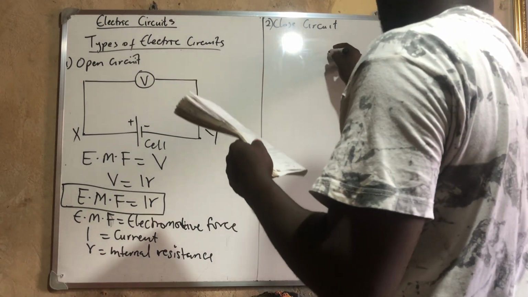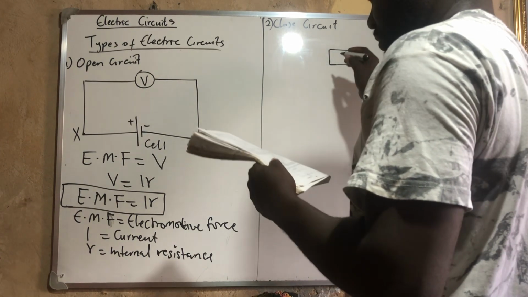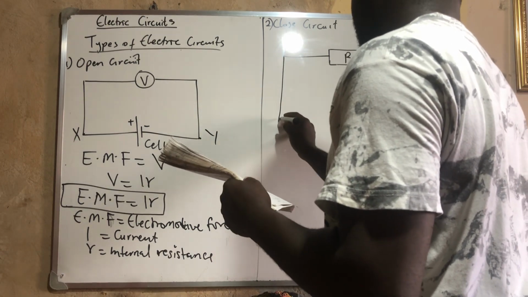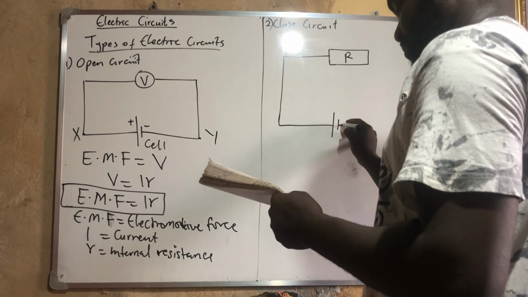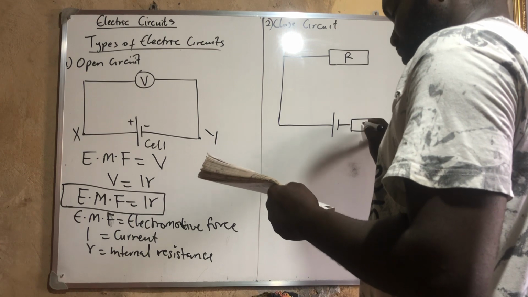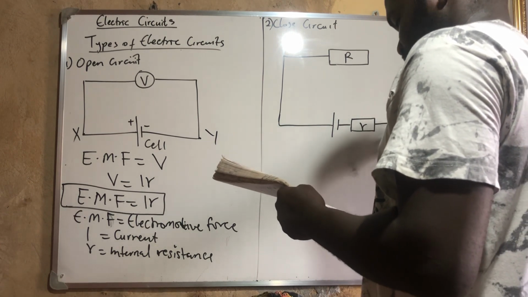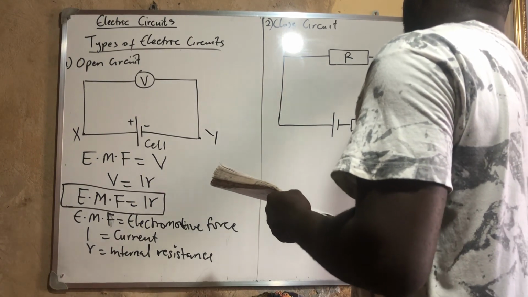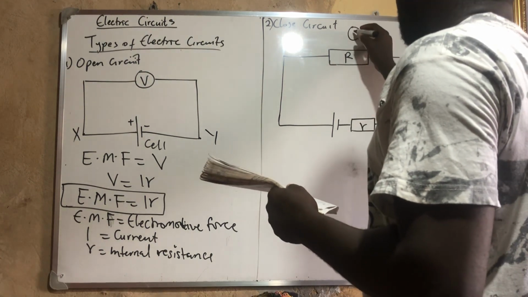If I have a resistor here, big R, and the resistor is connected like this to my battery, which has the internal resistor, small r. Then I have my voltmeter.